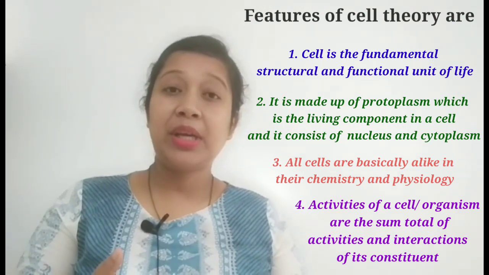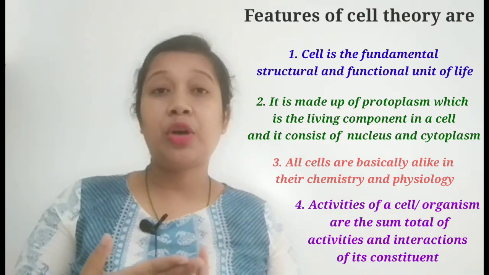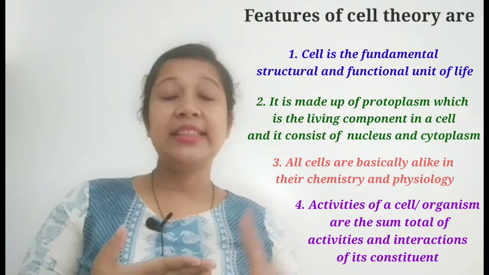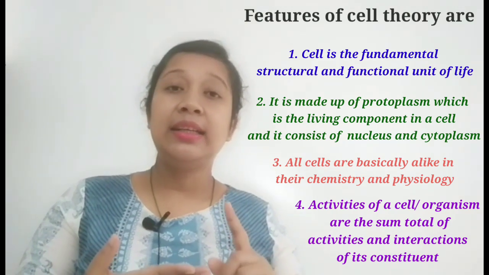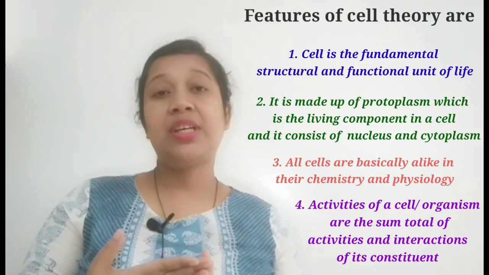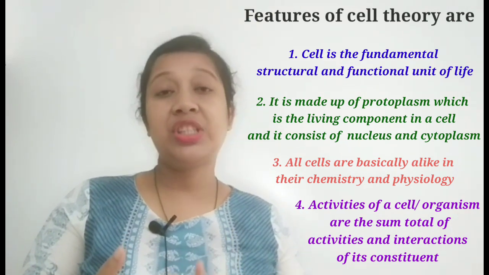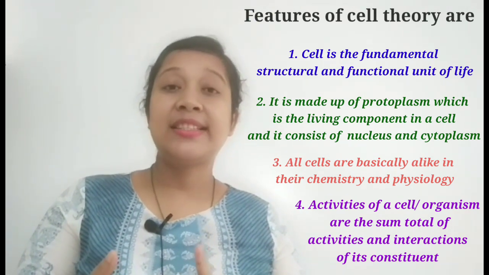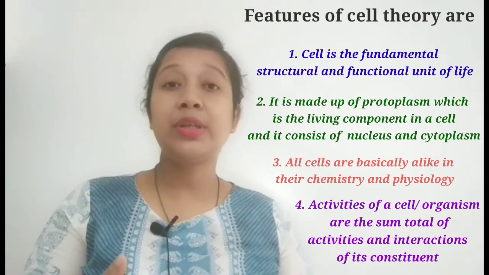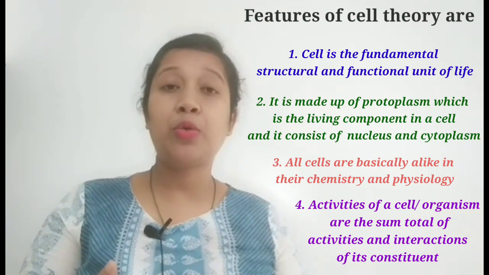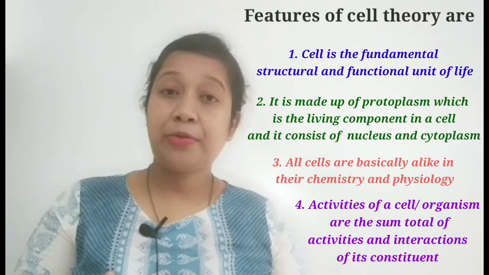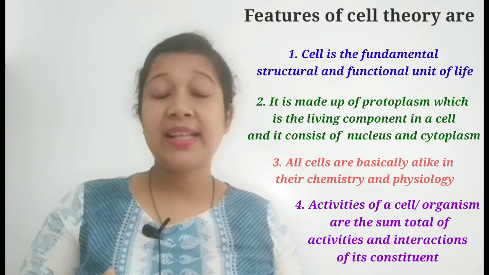Protoplasm is made up of a structure called the nucleus and other components such as the cytoplasm, which bears the cell organelles or the different compartments such as mitochondria, Golgi apparatus, and, say for example, the plastids in the case of a plant cell.